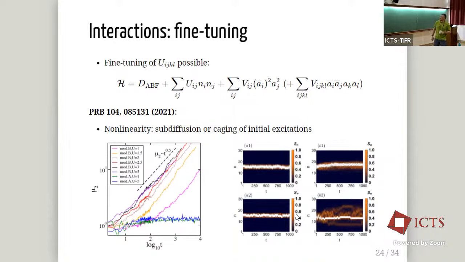And what this translates into in the nonlinear case is caging of interactions. If you now transform this into the Schrodinger equation, it is quite easy to convince yourself that whatever initial excitation you have, it has no chance of propagating, precisely because of these terms.